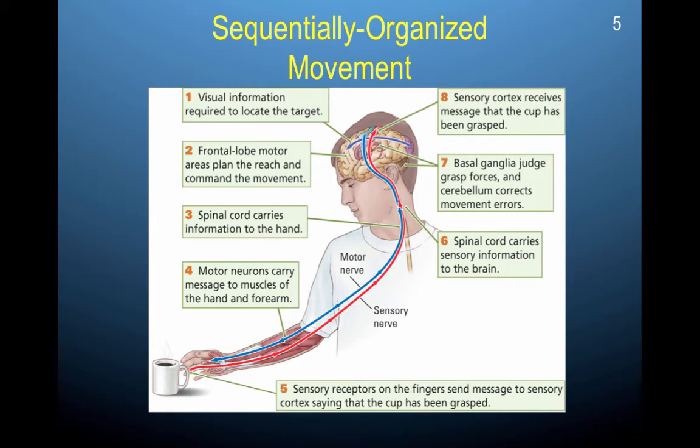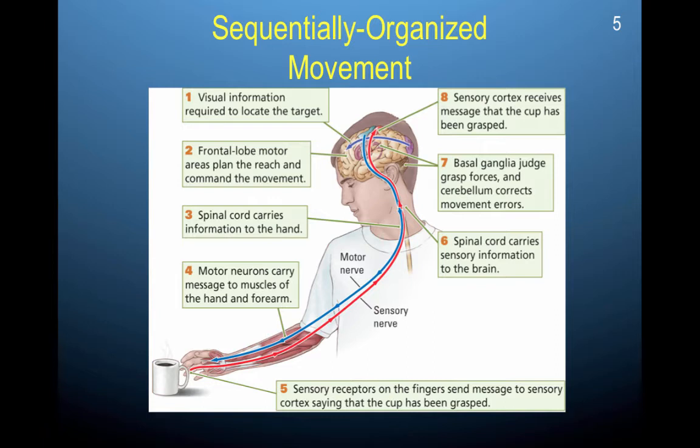So to return to this relationship for outgoing and incoming information, if we're going to engage in a movement, first thing that we do is we have visual information that comes in, and this is going to help us locate where the object is, how we want to interact with the world.